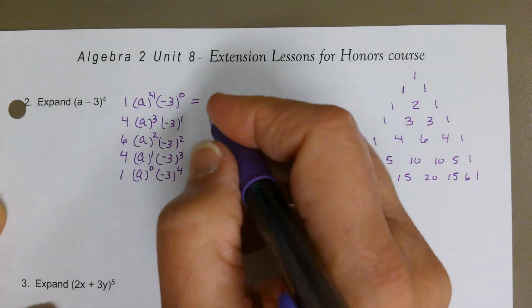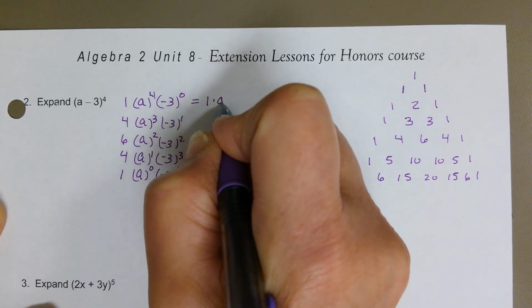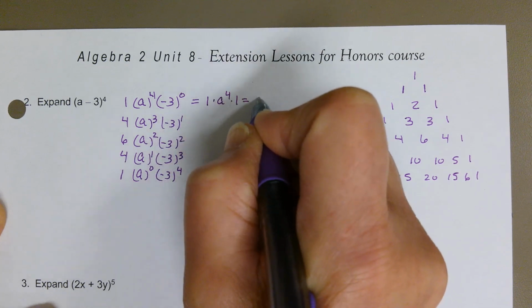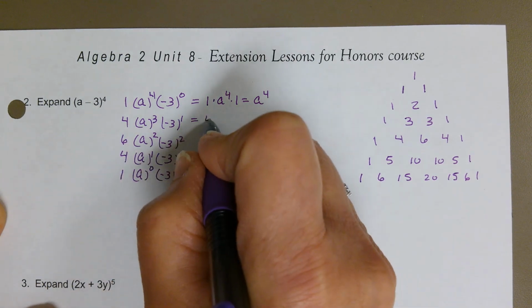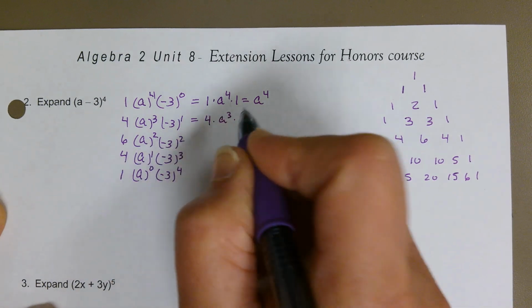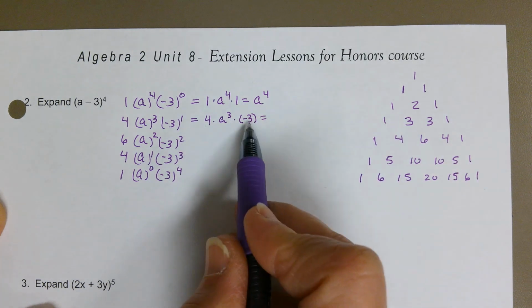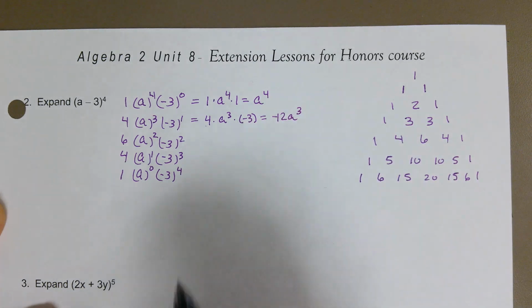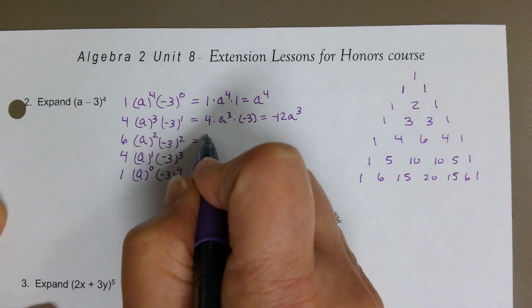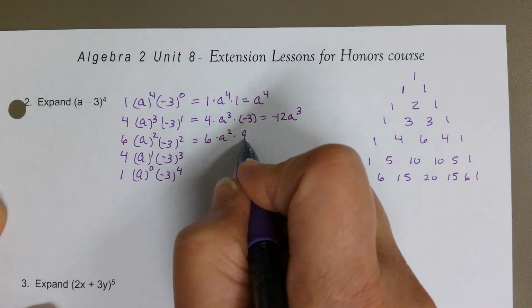1 times a to the 4th times negative 3 to the 0 is 1. So that's 1 times a to the 4th times 1, which is a to the 4th. 4 times a to the 3rd times negative 3 to the 1st is negative 3. 4 times negative 3, negative 12. Negative 12, a to the 3rd. 6 times a squared times negative 3 squared is 9.